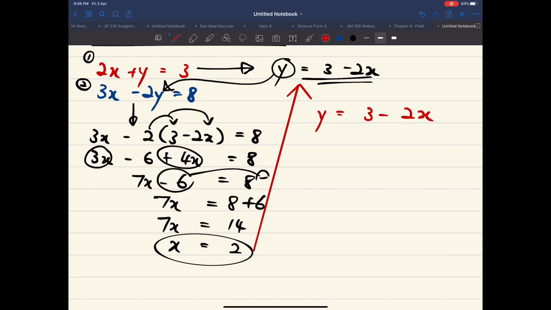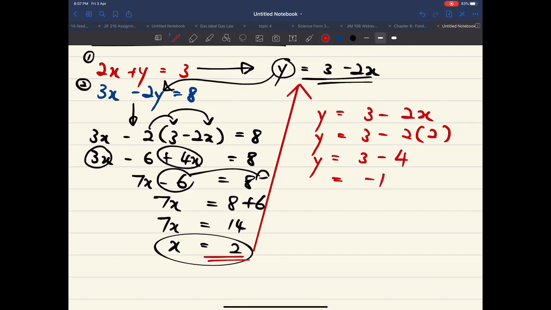But now x is 2, so y equals 3 minus 2 times 2. So now y equals 3 minus 4, so y equals negative 1.